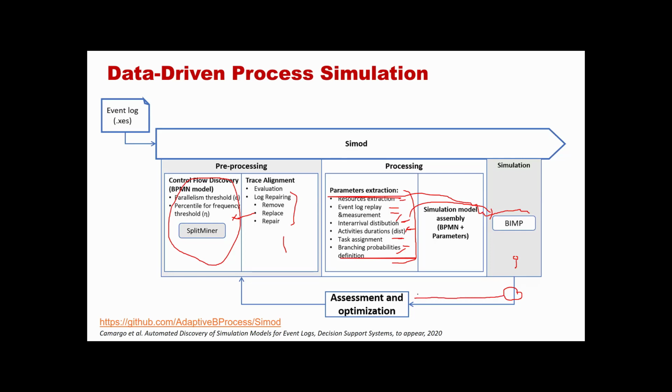And it uses a so-called hyperparameter optimizer, specifically a Bayesian optimizer, which tries to navigate through the space of different configurations of these parameters in order to produce, over many iterations, a simulation model that produces logs that are very similar to the ground truth. And once it has reached some convergence, it is happy and it gives you a simulation model with, let's say, a good level of similarity with respect to the event log.